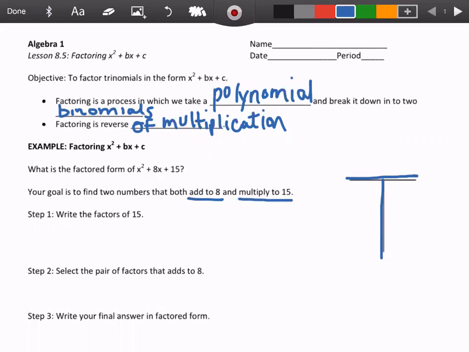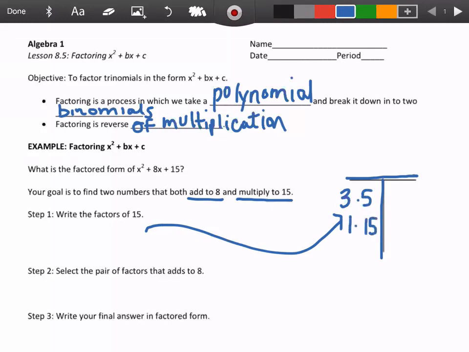So first we're going to write out the factors of 15, and the factors of 15 are going to go here on the left side of your t. So think of the first two factors that come to mind. Most of the time, it's going to be 3 times 5, and then 1 times 15.